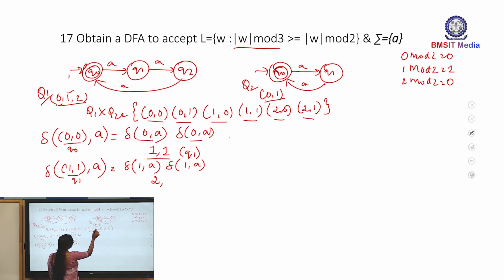Here, from Q1, on seeing the A, it makes a transition to 0. So this becomes my next state, which is Q3.